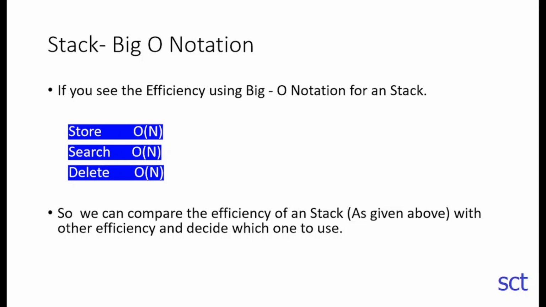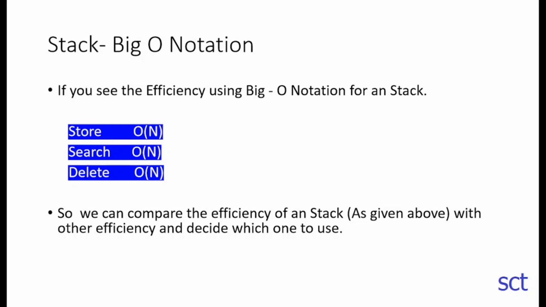So in the next video I am going to discuss queues, and queues are also going to be implemented using arrays only. So in the next video when I am discussing queues, I am not going to discuss the big O notation, because it is not going to have much changes when I am implementing the queues using an array.